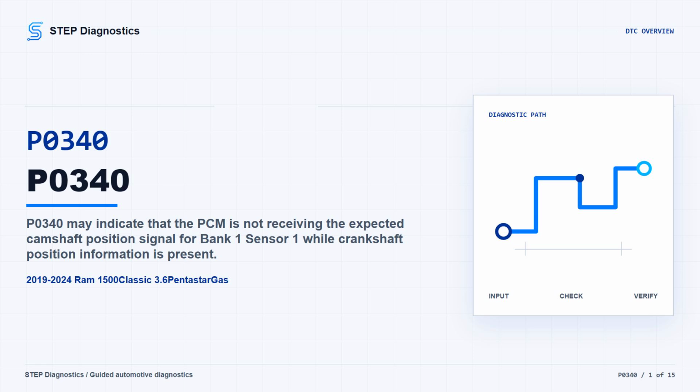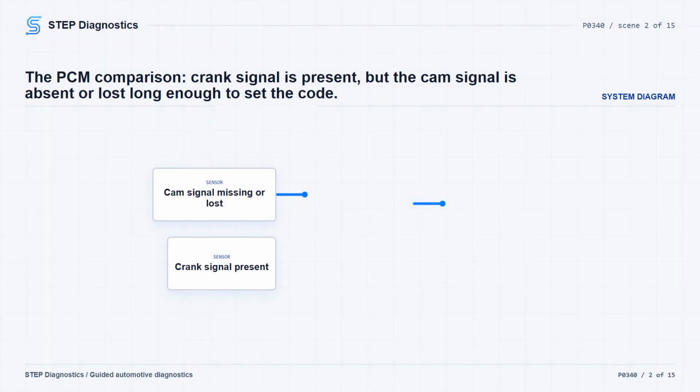The truck may have an illuminated MIL, and depending on when the signal drops out, it may crank, run rough, or act intermittent. The broad fault areas can include oil condition or pressure, the cam sensor power, ground or signal circuits, connector issues, the sensor and tone wheel relationship, VVT oil control, cam phaser or timing drive concerns, and in rare paths the PCM.